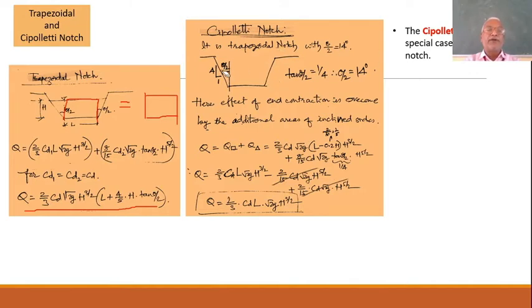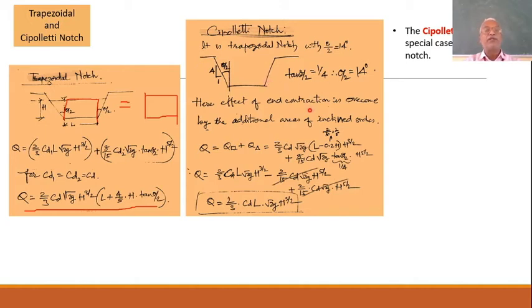You can observe here the side slope is so arranged that it is 1 horizontal to 4 vertical, or tan theta by 2 is equal to 1 by 4, or theta by 2 becomes approximately 14 degrees. So if your side of a trapezoidal section is 14 degrees, then it is called as Cipolletti notch.